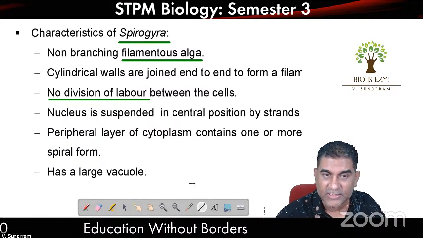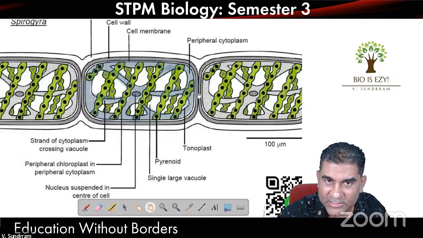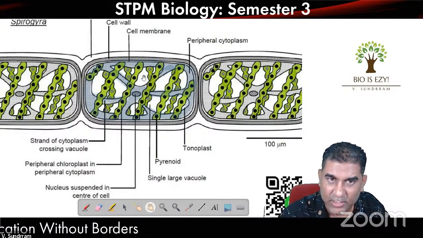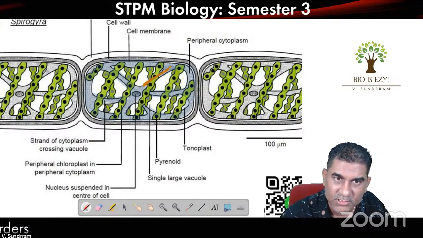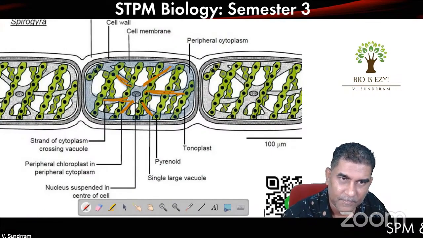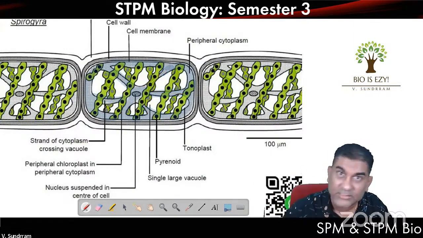Nucleus suspended in the central position by strands of cytoplasm. These are the strands, this blue color. This is the strands of cytoplasm. All of that we call strands of cytoplasm. In the center is the nucleus.